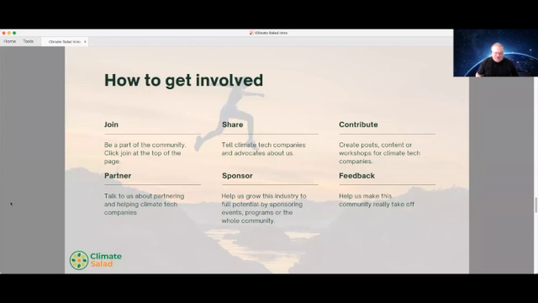And in fact, if there's a specific skill that you bring to the table, digital marketing, digital creative, or even your AWS skills, if you want to help some of these companies, you can get involved that way.